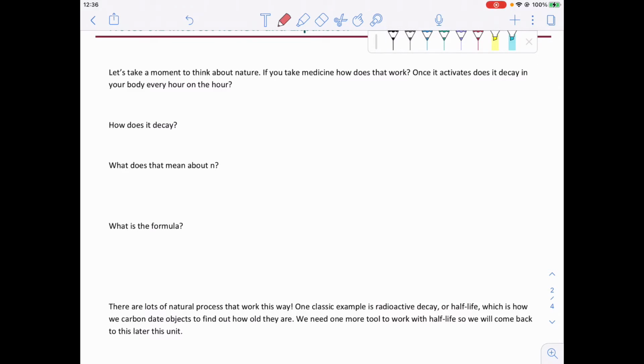Like we have maybe 5 milligrams in our body, and then the next hour it jumps down to 2.5 maybe, and then it jumps down to 1.25, etc. Does it jump down like that? No, not really. It decays what we would call continuously.